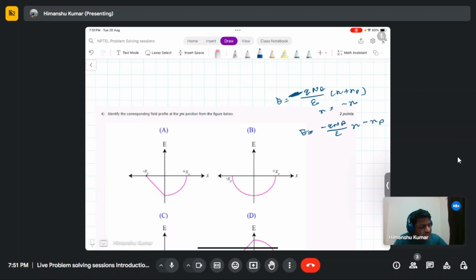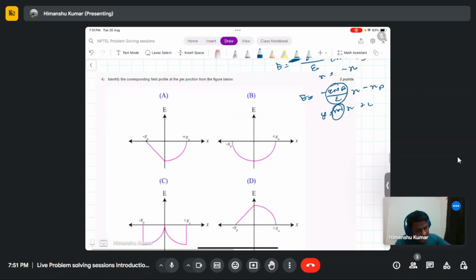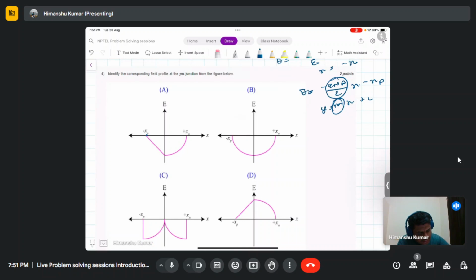So this is an equation of the form y equals mx plus c, and the slope is constant. This is a straight line equation with a negative slope. So the field is here, and you can draw a line passing through this point with a negative slope.